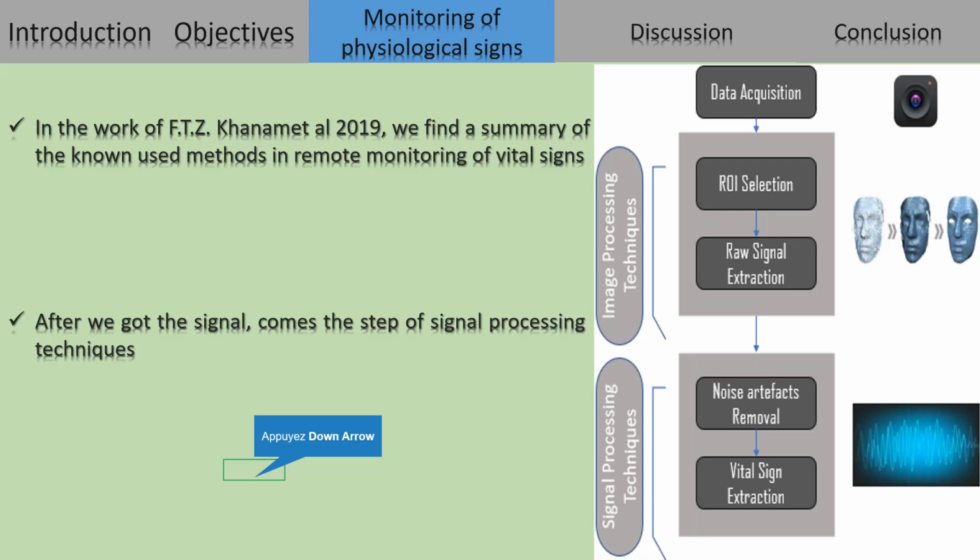This step aims to remove all noise we got due to camera motion, skin tone, or even illumination changes. After that, we proceed to the vital sign extraction, which is the main step we are looking for, by using frequency analysis or peak detection, among other techniques.